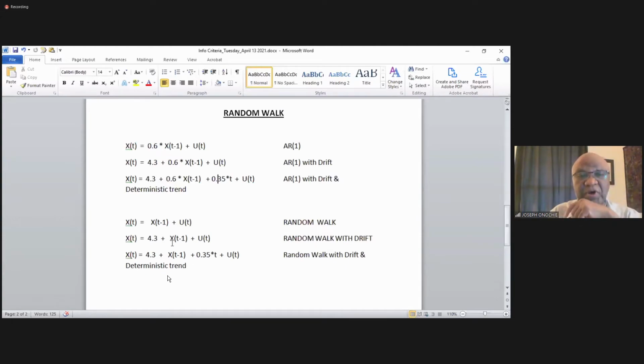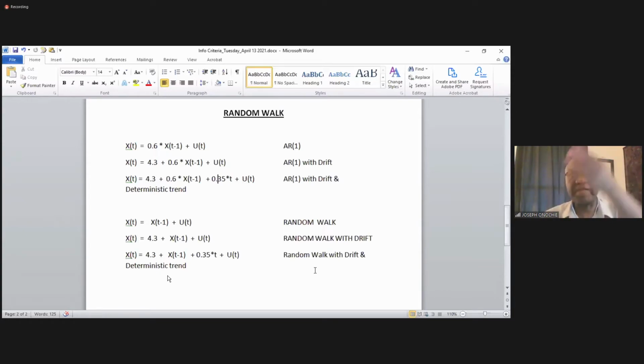It's a random walk because the coefficient of the xt minus 1 is 1.0. And the third one is a random walk because the coefficient is 1, but it has drift. It also has deterministic trend. So this is random walk with drift and with deterministic trend.